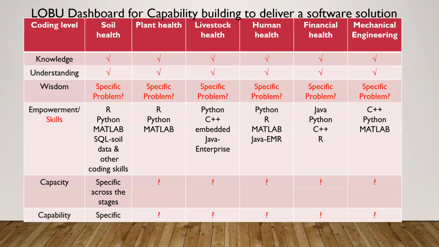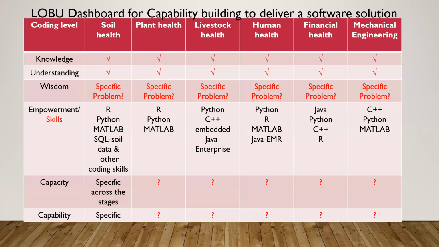And once you have identified your specific problem that you want to address, for which you now want to build capability, you then have to get empowerment, the skills. So in this table, I have tried to show you that different skills at the level of empowerment are required for different disciplines.